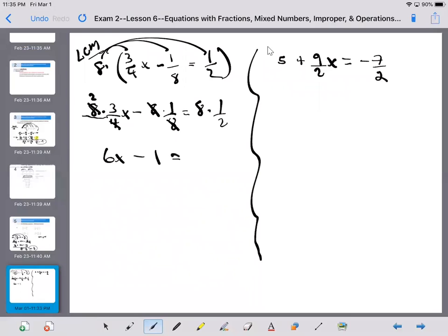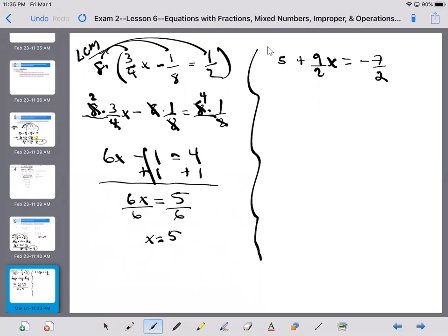And 2 will divide 8 4 times, so 4 times 1 is 4. So now we're down to only integers, and so I'm going to add 1. And so we would get 6x equal 5, divide both sides by 6, and you're going to get x is equal to 5/6. So the key is figuring out the LCM, then you're going to multiply every term by that LCM. And then it's a matter of getting your multiplying of fractions and whole numbers correct in order to get to this point.